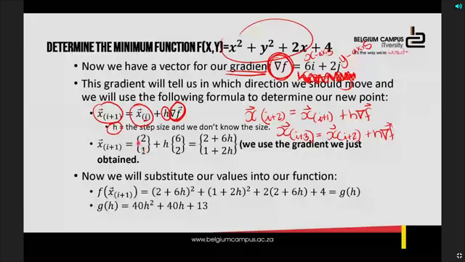So the top would be your x, the bottom would be your y. Plus h, because we do not know what h is yet, but we do know the gradient. The gradient was 6i plus 2j. i is in terms of x, so 6 on top. 2 is in terms of y, so at the bottom. You always write it in terms of x, y, z, and so on.